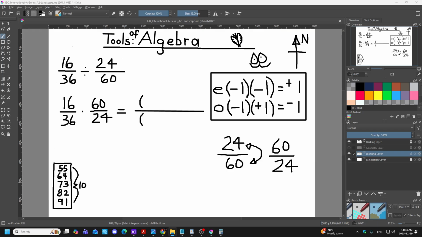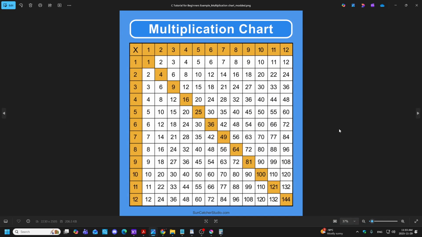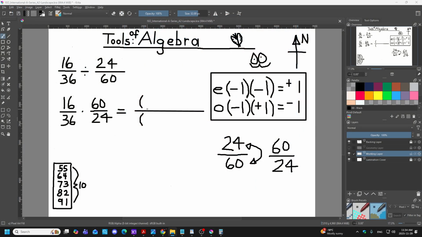Again, this is one of those areas where I recommend you have your times tables memorized, so that you can find those common single-digit values between double-digit whole numbers. Okay? Good luck on your studies. Okay, let's continue.